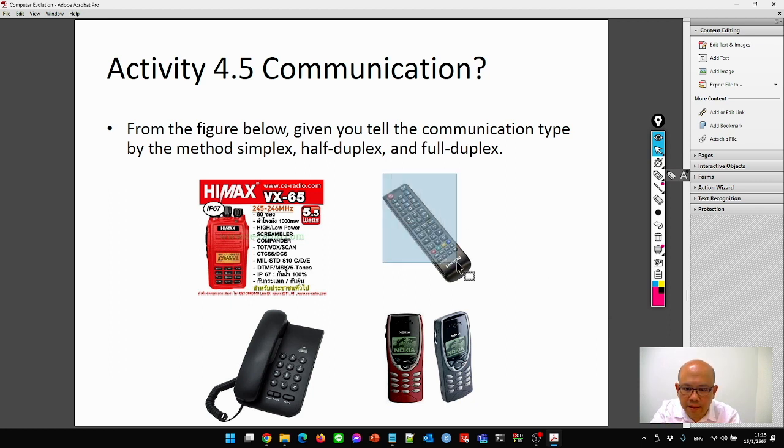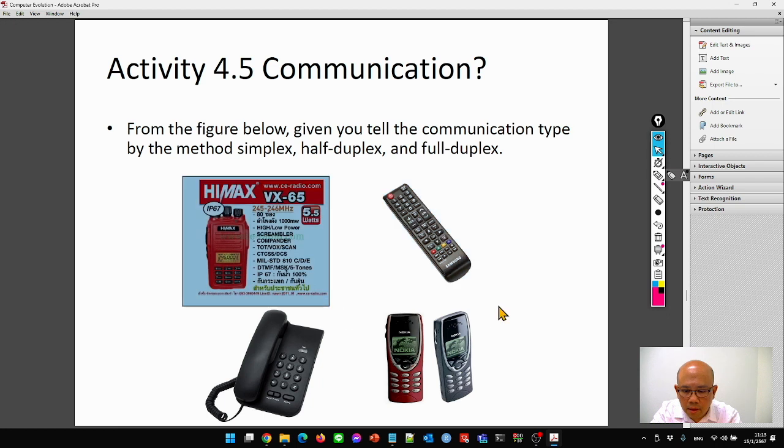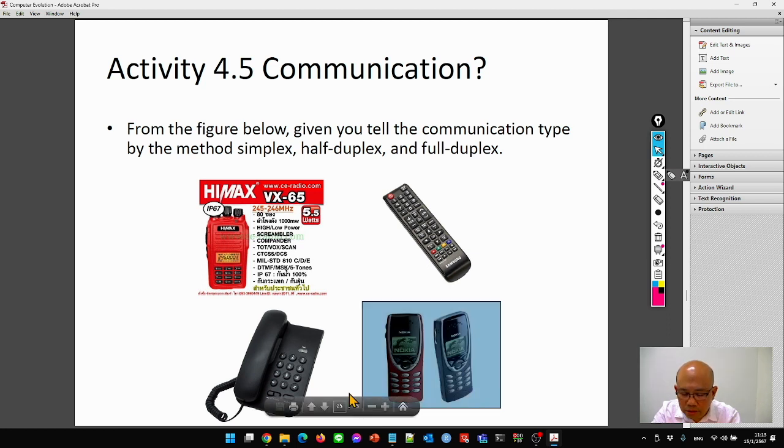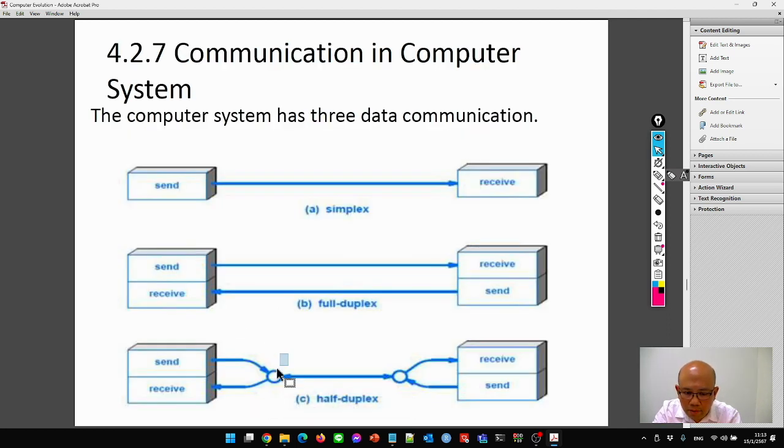Here this is a simplex, and this is a half duplex. This looks like a full duplex, but in the mobile phone it is a half duplex, switching very fast, at very high frequencies.